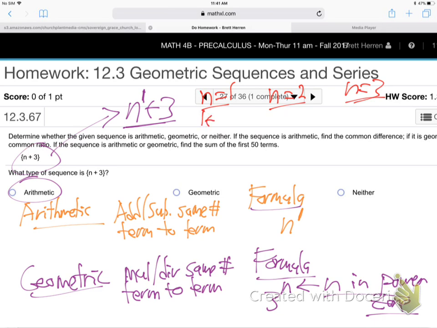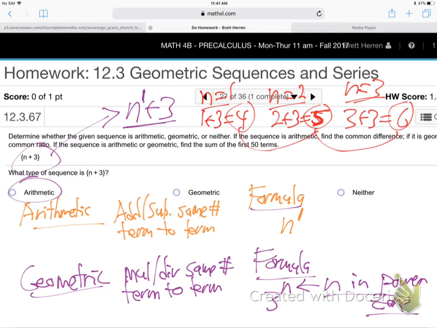Put in 1, 1 plus 3 is 4. Put in 2, 2 plus 3 is 5. And put in 3, 3 plus 3 is 6. So 4 to 5 and 5 to 6, what's happening from term to term? It's adding 1. It's adding the same number every time, so of course it's arithmetic. So you can figure that out by hand, or you can use my little formula method. Either way.